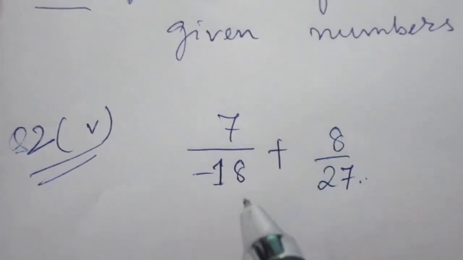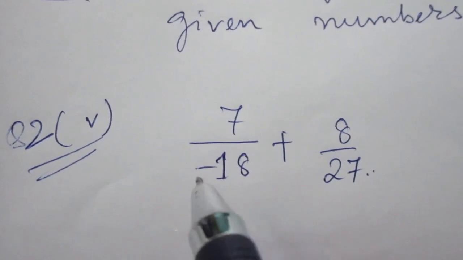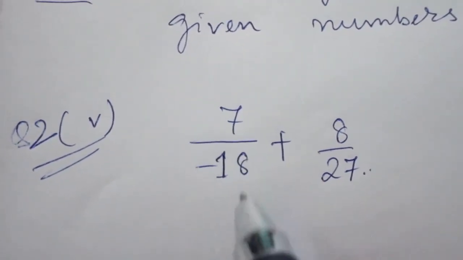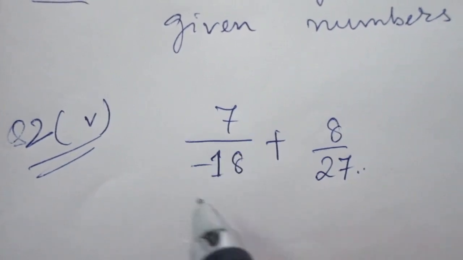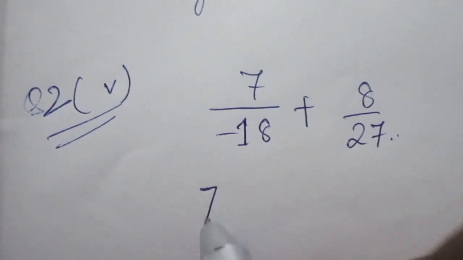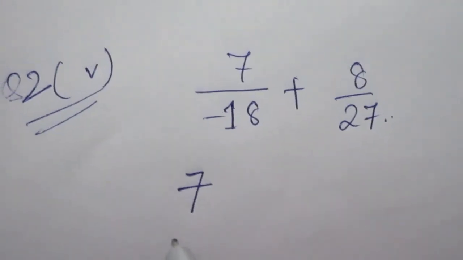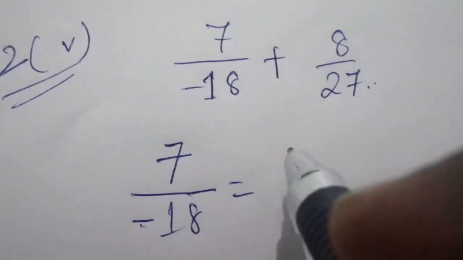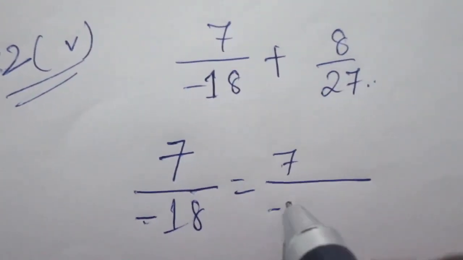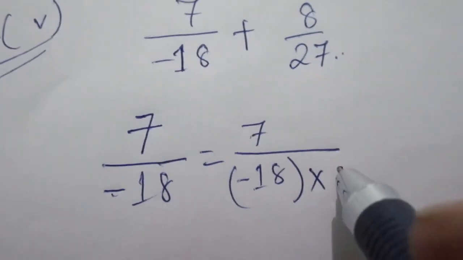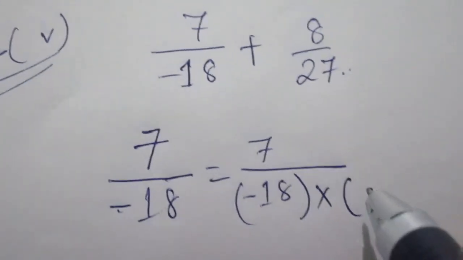We have to convert 7 by minus 18, that means this minus 18 into plus 18. As I explained in the last video, 7 by minus 18 we can write, and here we have to multiply with which number? Yes, minus 1.